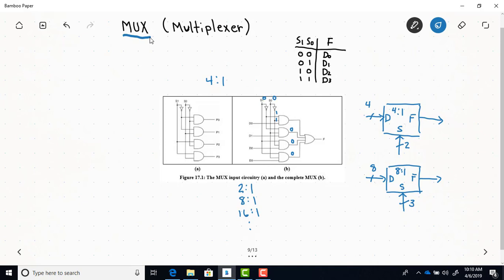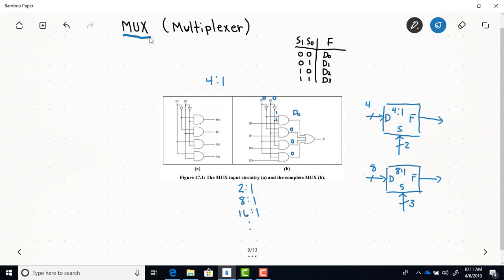So if you look at this top AND gate, its output is going to solely depend on D0. When D0 is a 0, the output will be a 0, and when D0 is a 1, the output will be a 1. So the output of this top AND gate will be equal to the data on input D0. And then, of course, with an OR gate, its output is going to be 1 anytime at least one of the inputs is 1.